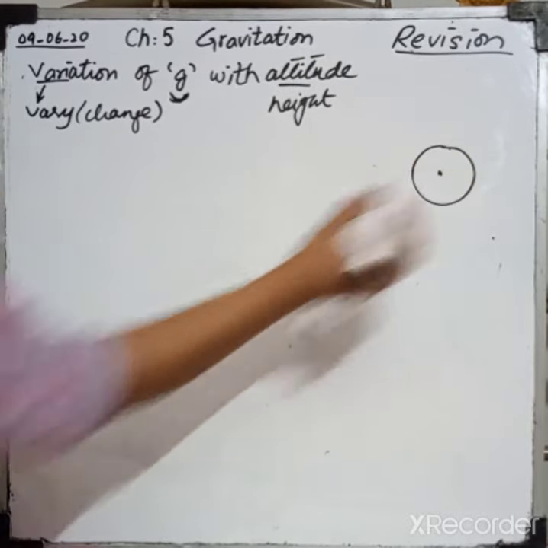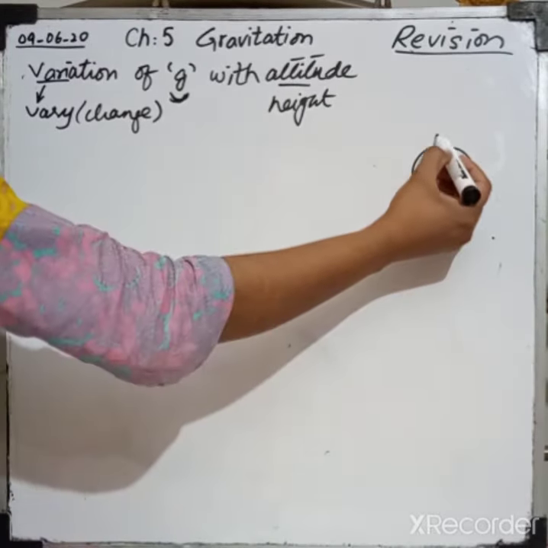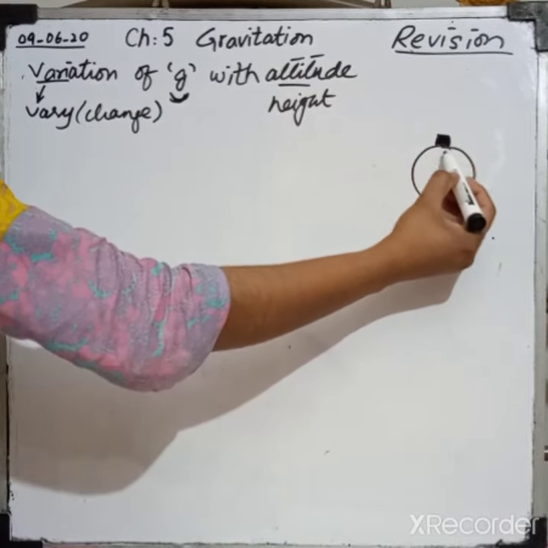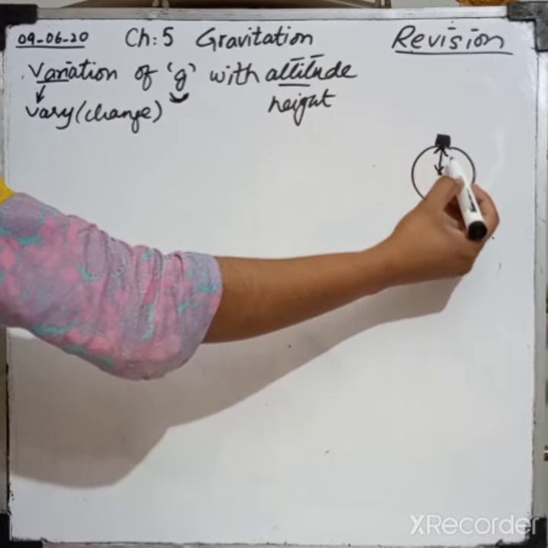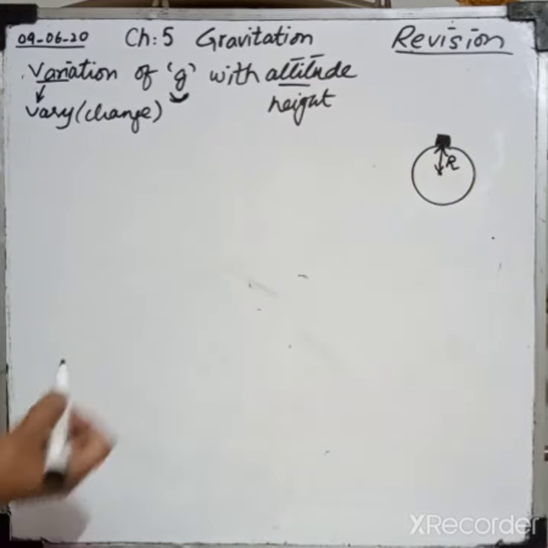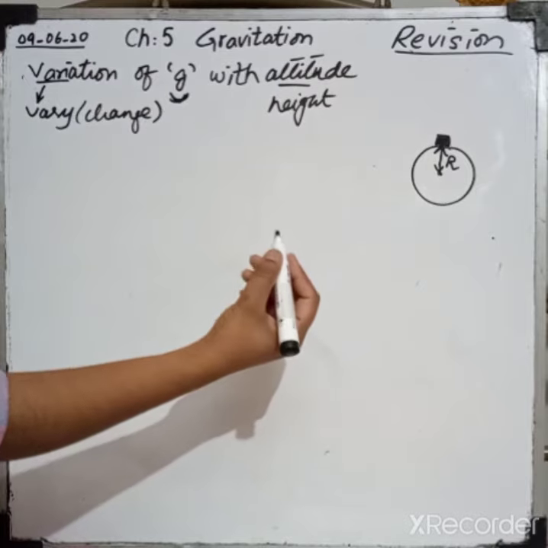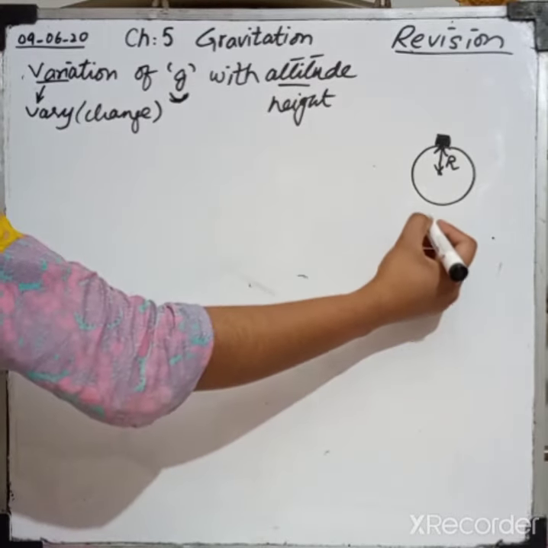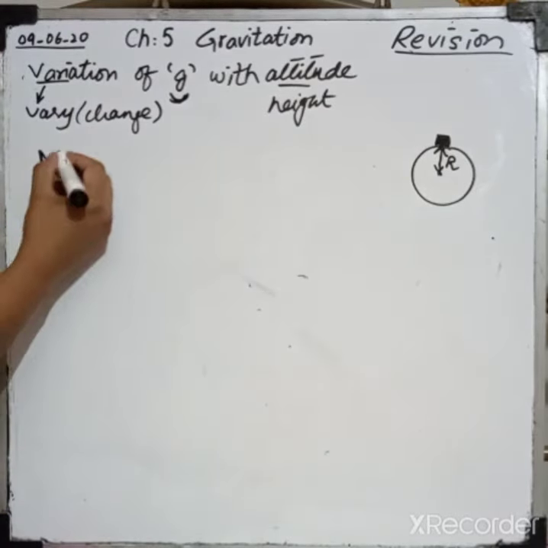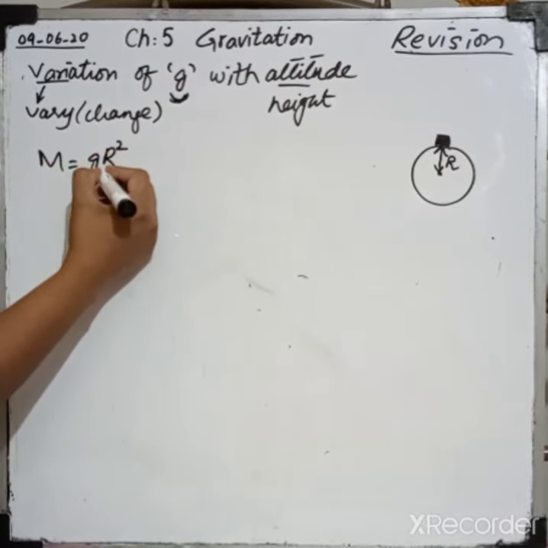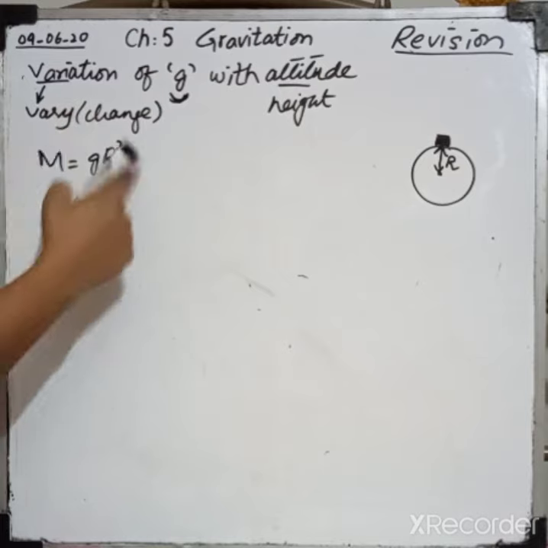Suppose this is the earth. We have taken the mass on the surface of the earth such that the distance between these two bodies was the radius of earth, because it is placed over the surface of earth. So the mass of earth comes out to be M equals g r square divided by G. Let's rearrange this formula.